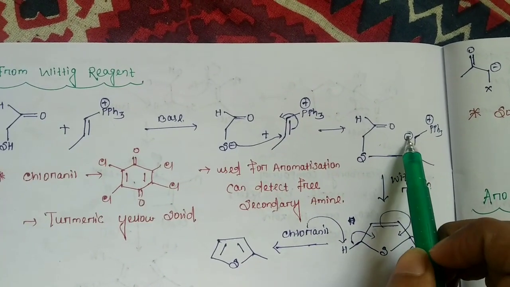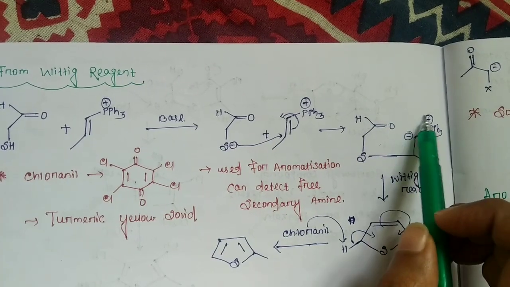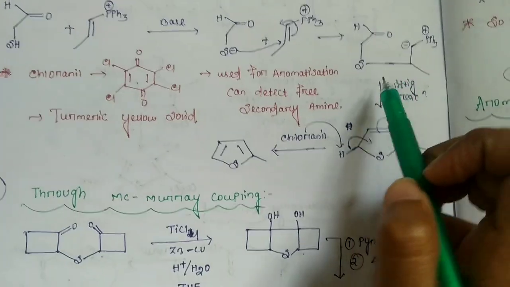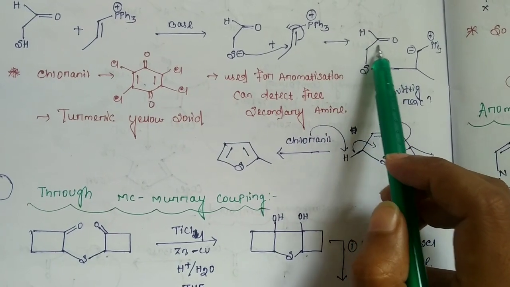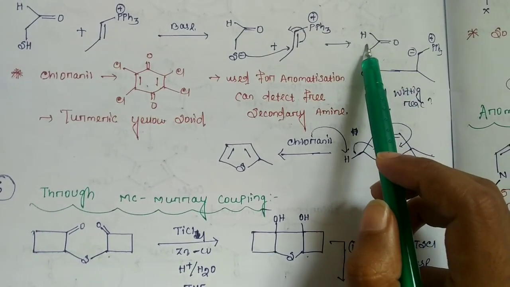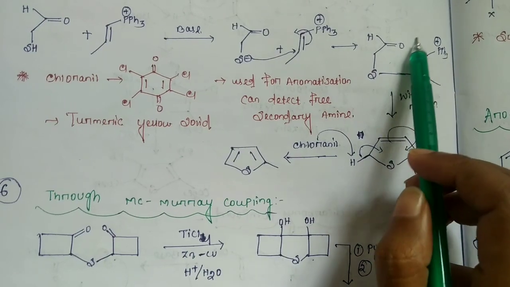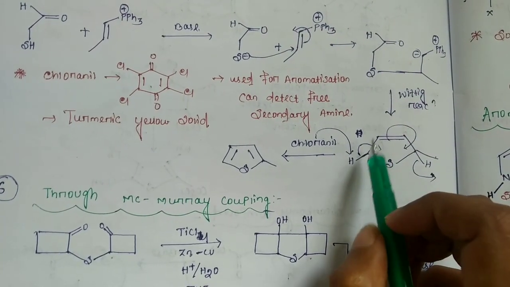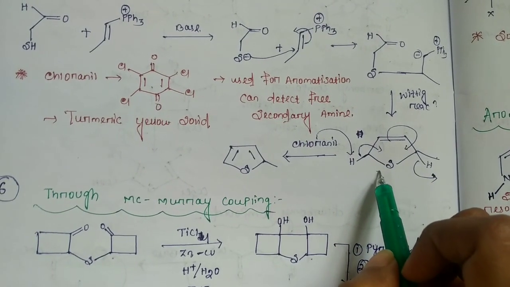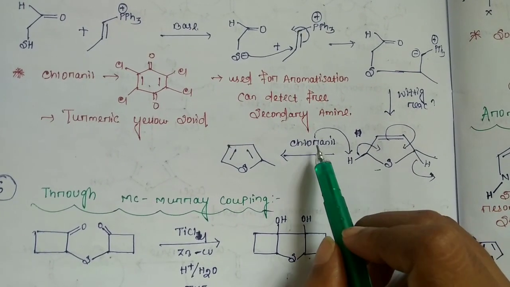As we can see here, negative, positive, this is the phosphorane or the Wittig salt. Then the Wittig reaction will occur because we already have an aldehyde group and here a Wittig reagent is present. Between these two, the Wittig reaction will occur and we will be able to get this compound.